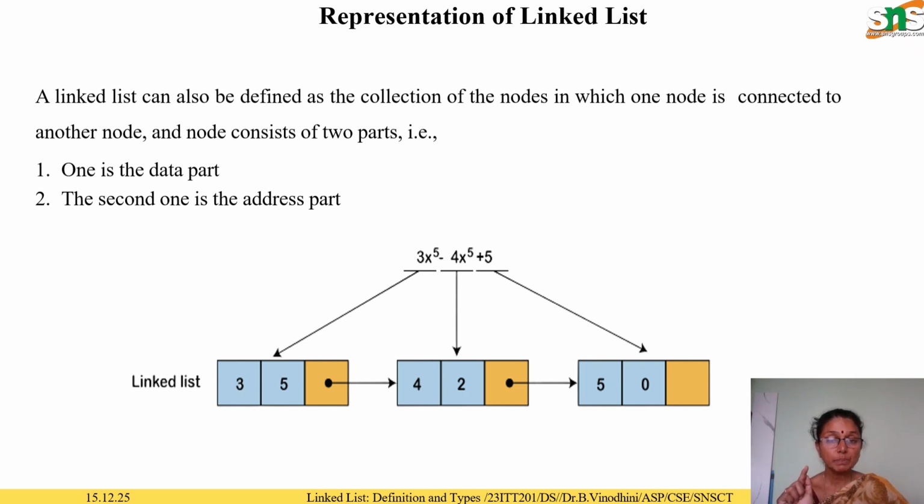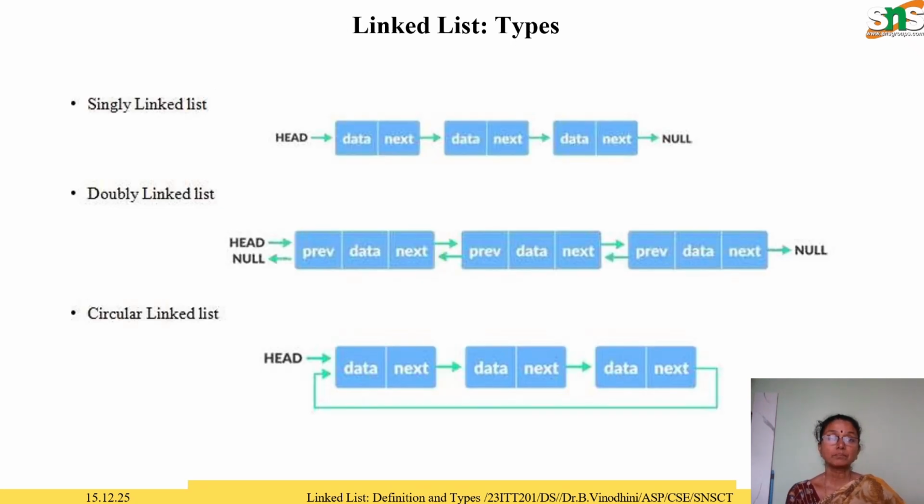For 3x^5, the data part is 3 and the exponent part is 5, represented in one node. Then the pointer points to the next term in the polynomial. It is a collection of coefficients and exponents represented in terms of the linked list.